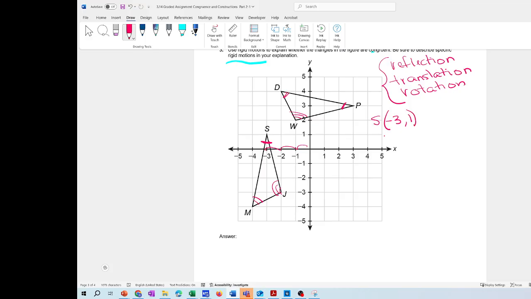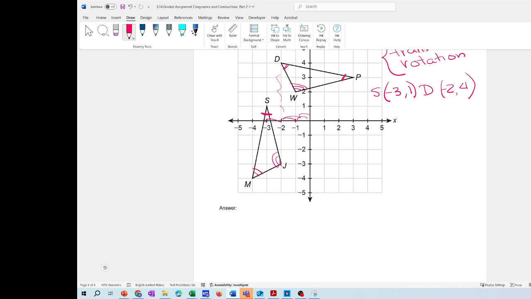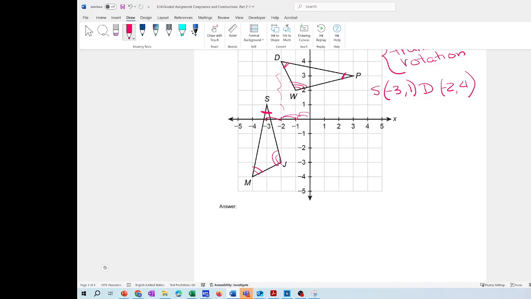And then what do I have on D? Well, I have 2 on the left, 1, 2, and up 1, 2, 3, 4 positive, okay? So what's happening there?